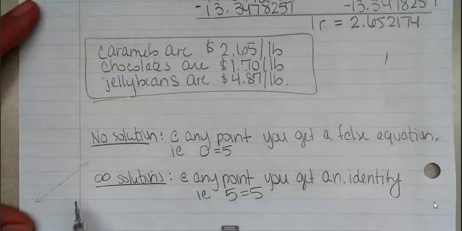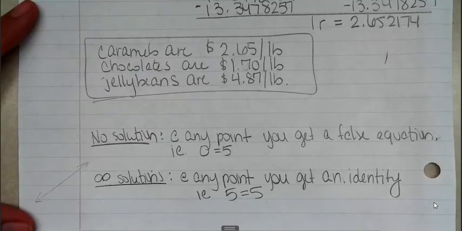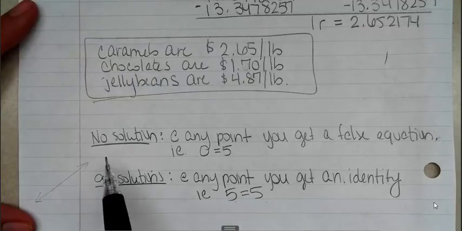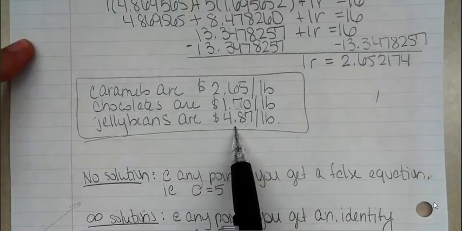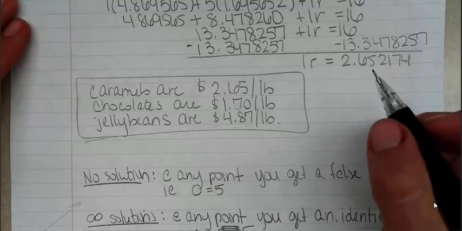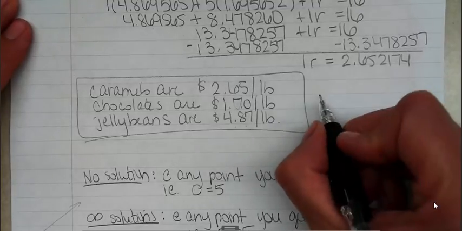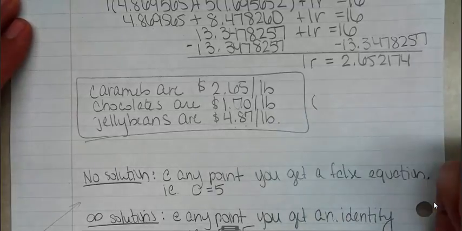I'm not going to draw this picture. I encourage you to look at page 177. There are beautiful pictures there of planes intersecting in a point, planes intersecting in a line, and planes not intersecting at all. So again, if you actually find an ordered triple like we did here, and if it's not a word problem, you're going to want to write that ordered triple as 3 points.